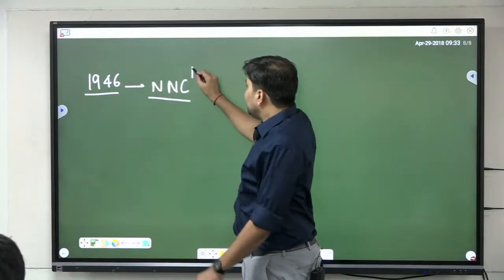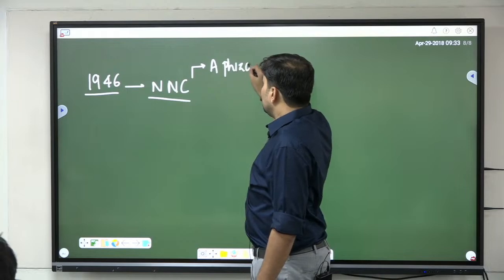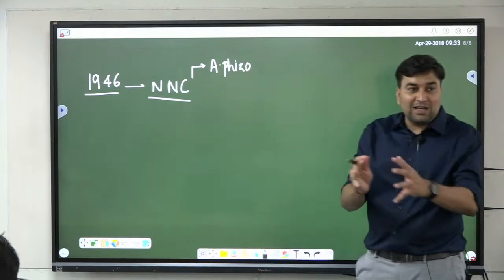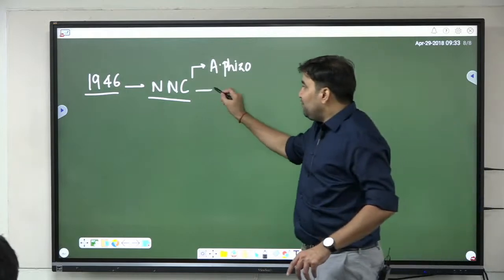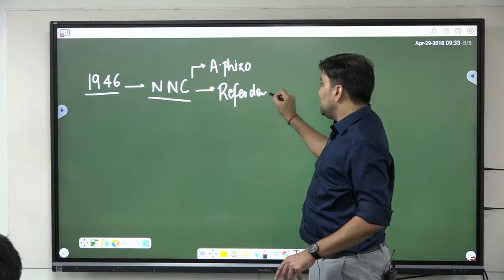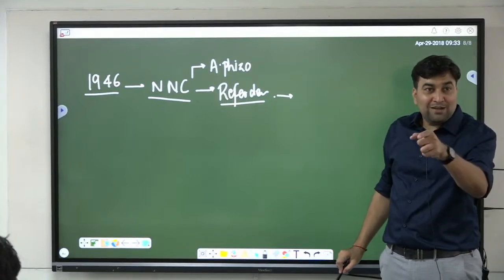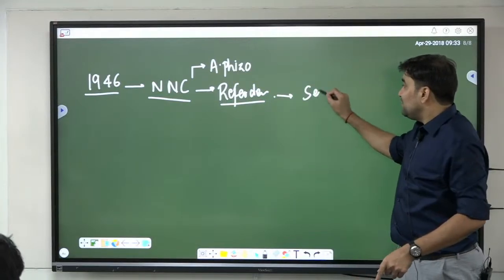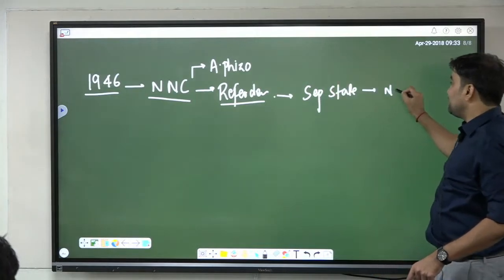In this, the leader was Angami Phizo. So to determine the relationship of the Naga state with mainland India, the NNC was formed. And a referendum was held by it. I hope you know what a referendum is. A referendum was held, and out of this, about 99% of people voted to have a separate state called Nagaland.